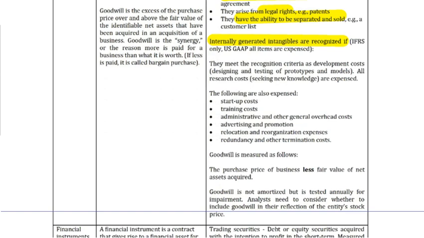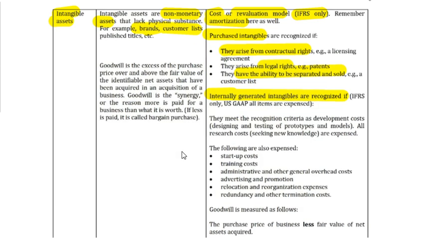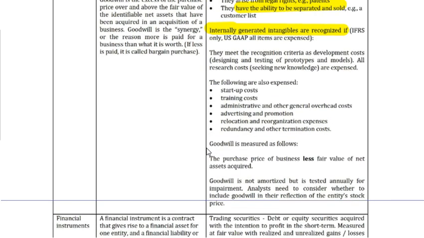Internally generated intangibles will be recognized under IFRS only. Under US GAAP, all items must be expensed if they are internally generated. Remember, internally generated means you make them yourself. Purchases means you purchase an intangible asset from a third party.